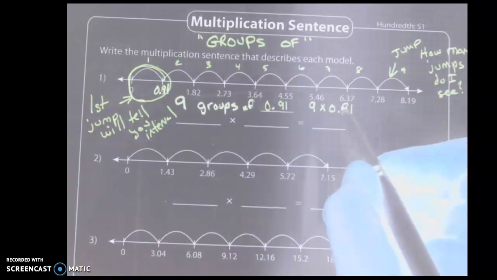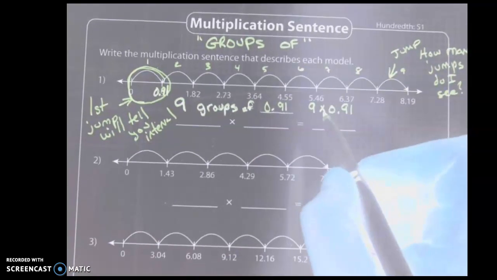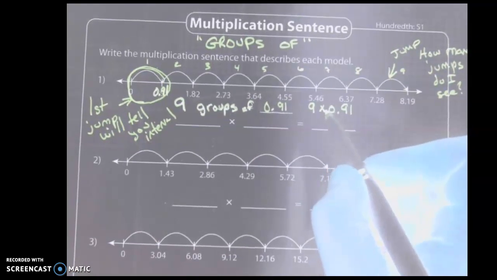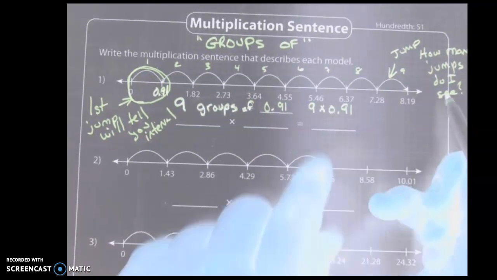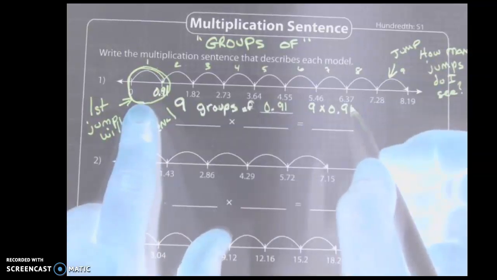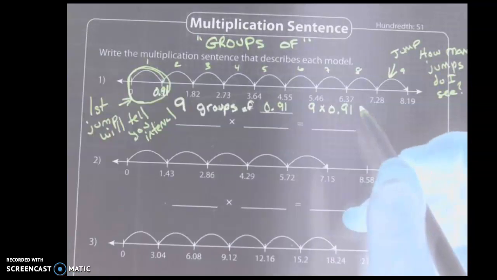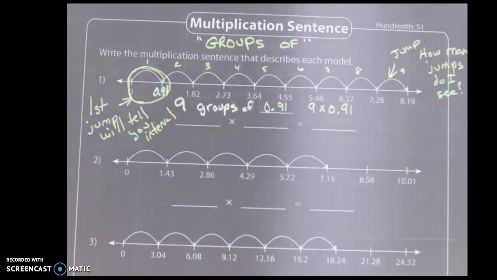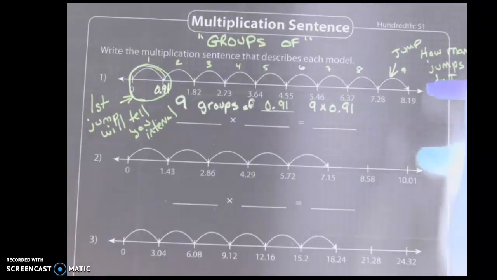It's imperative that you're writing. All these little things that I'm writing down play a role in trying to decipher what is the correct answer or not. So the first jump's going to tell me how much is in the group. The number of jumps is going to tell me how many groups. So looking at a number line to find out the product, I want you to take your highlighter and find where the jumps end.